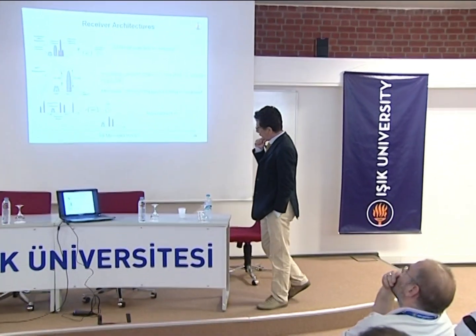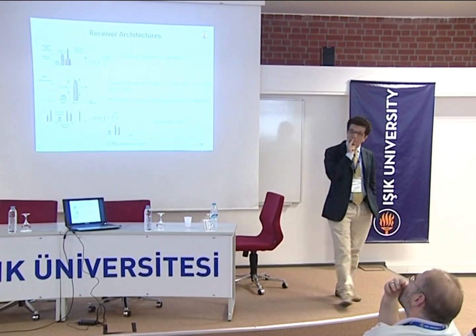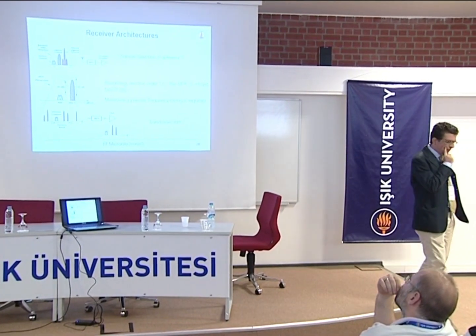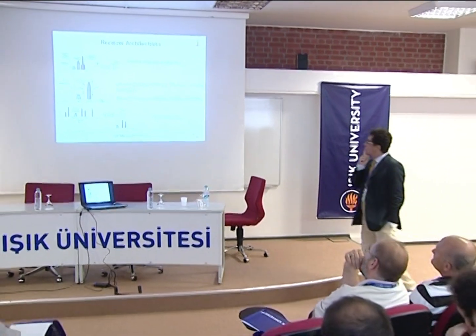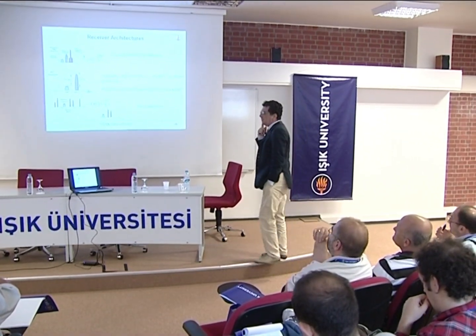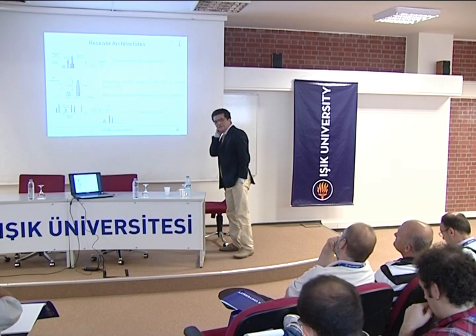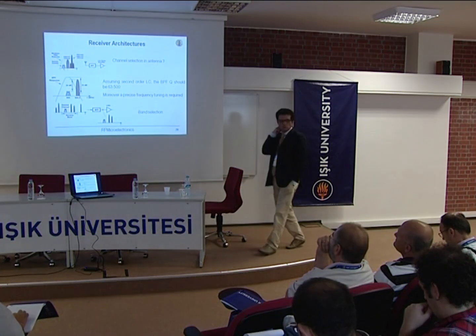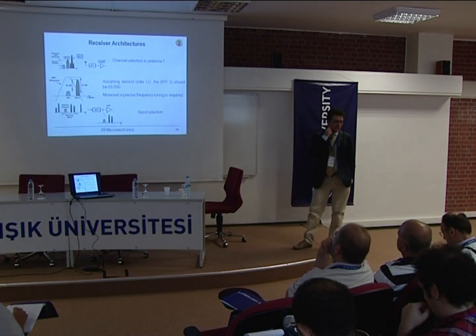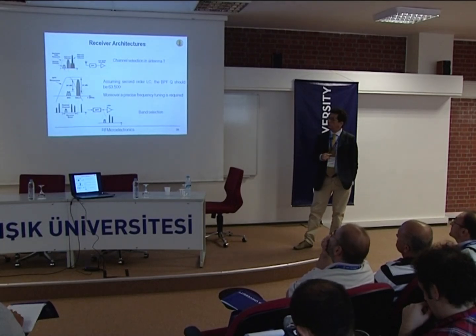Let's go to the architectures before entering into the design of the circuit blocks. Why do I do it? Because probably in this way we better appreciate why we make some choices about the low noise amplifier, mixer, and whatever we will see.